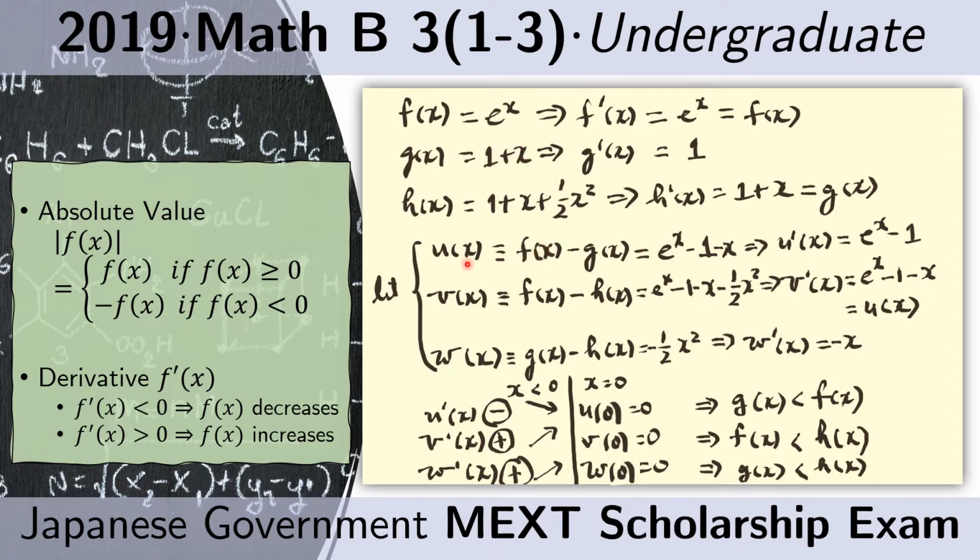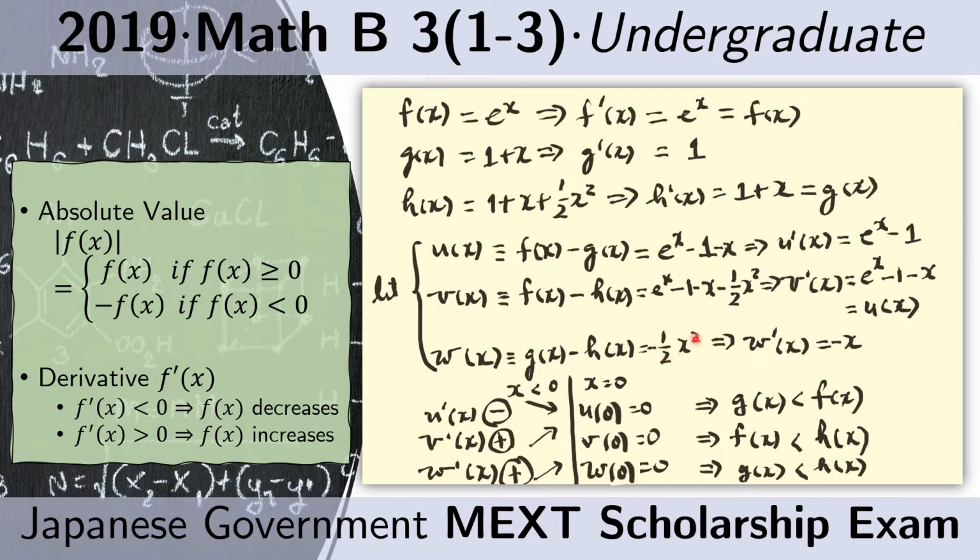For example, for u of x, the difference between f and g, we get f, which is e to the x, minus g, which is 1 plus x. We do the same for v of x and for w of x. And then we try to see if it is positive or negative.